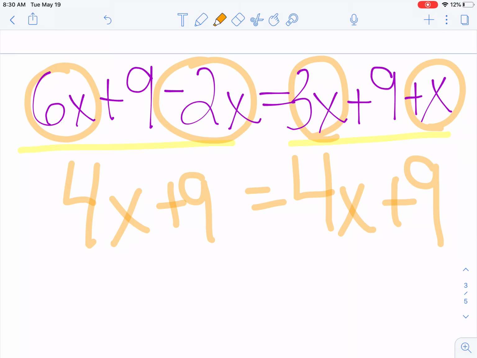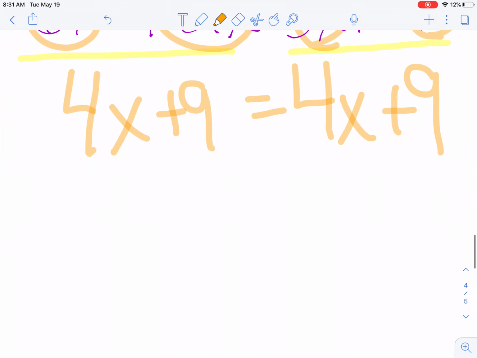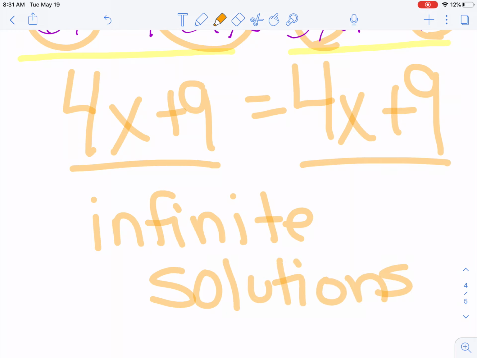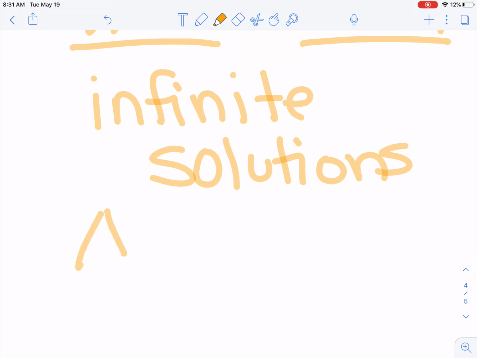And I also have a plus 9. So if you notice, this equation is exactly the same on both sides of the equal sign. This has infinite solutions. Or sometimes we just say it's all real numbers.